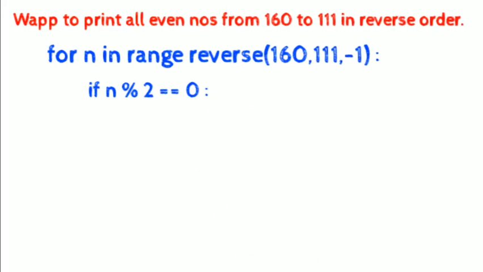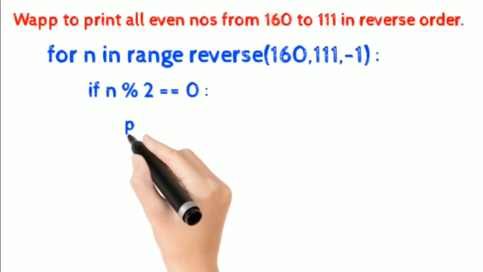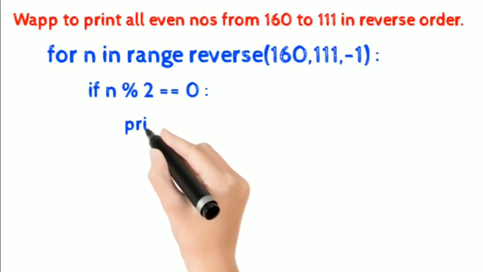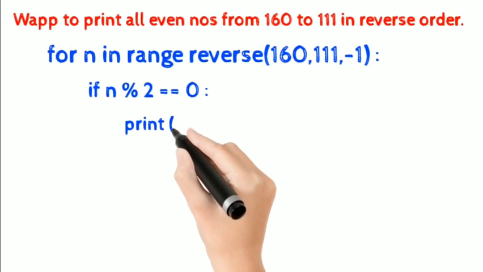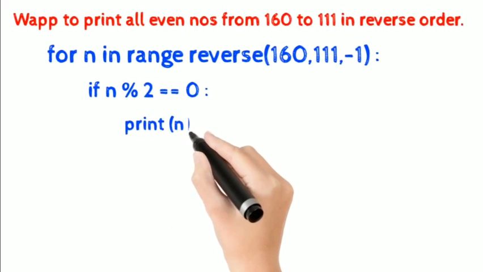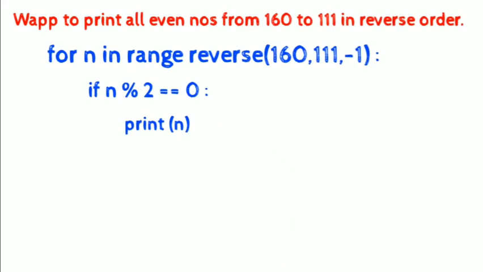So if it is 0, it means it is an even number, then giving a tab, again we have to write the print statement of n. So it will print all the even numbers, starting from 160 till 111. All the even numbers will be printed in reverse order.